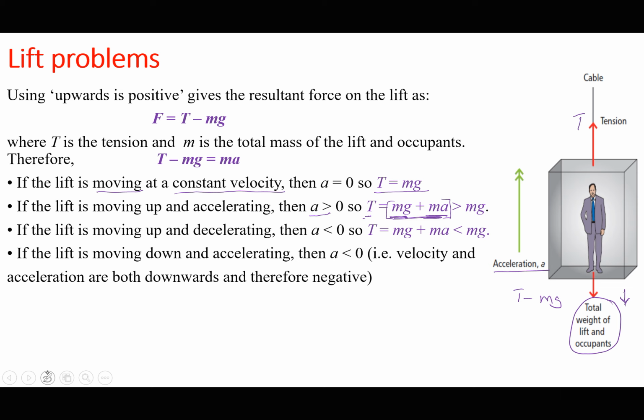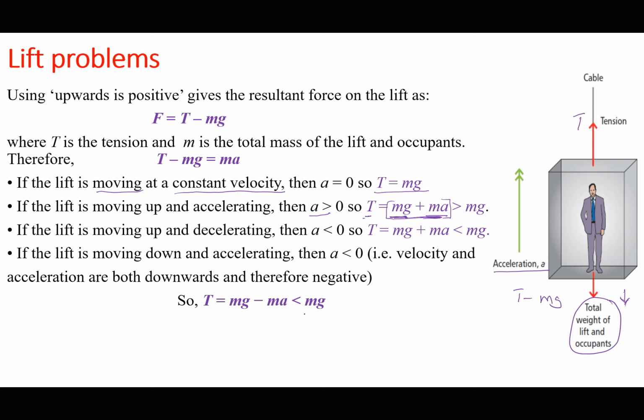So the resultant force and the direction of motion are in the same direction. That's why it is moving down and accelerating. And therefore, in that case, T would be equal to mg minus ma.